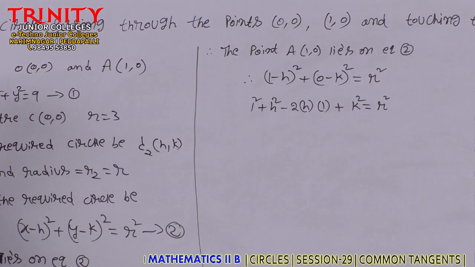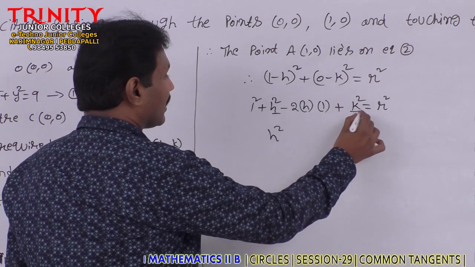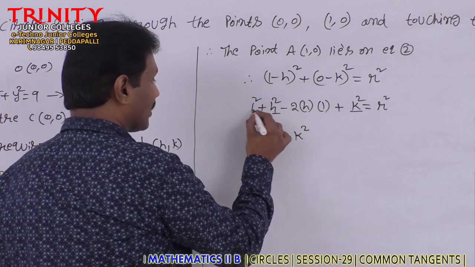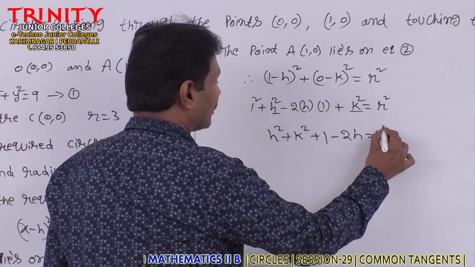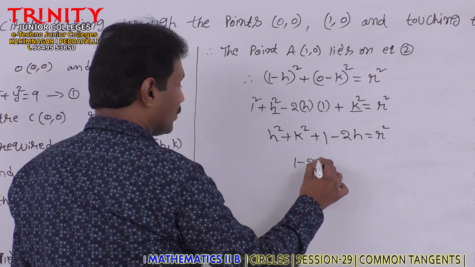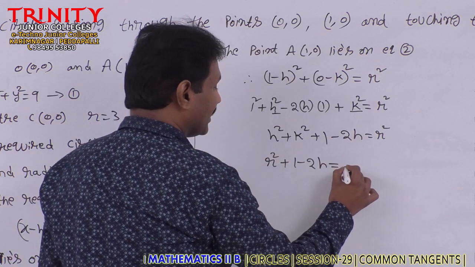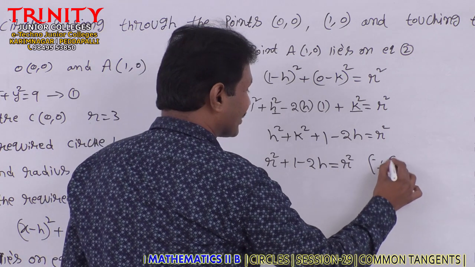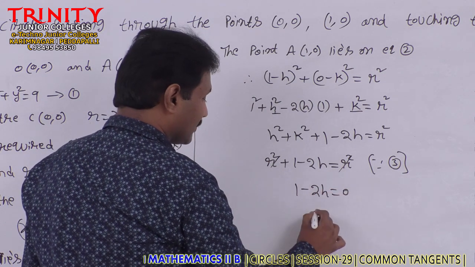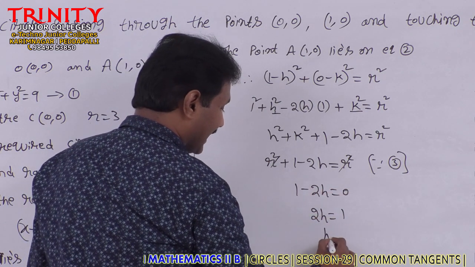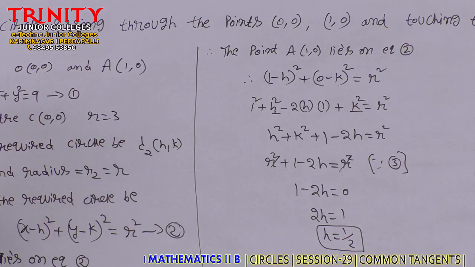We know that h square plus k square equal to R square. Therefore, R square plus 1 minus 2h equal to R square. Since equation 3, cancel. 1 minus 2h equal to 0, 2h equal to 1, h equal to 1 by 2. The value of h is 1 by 2.